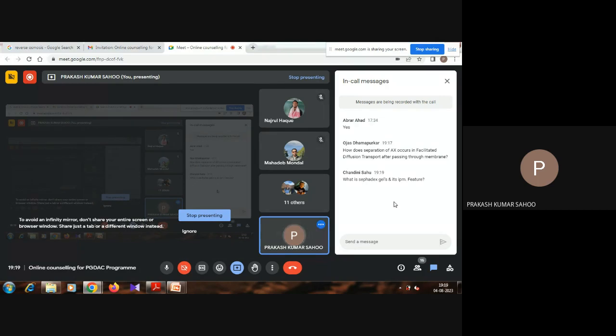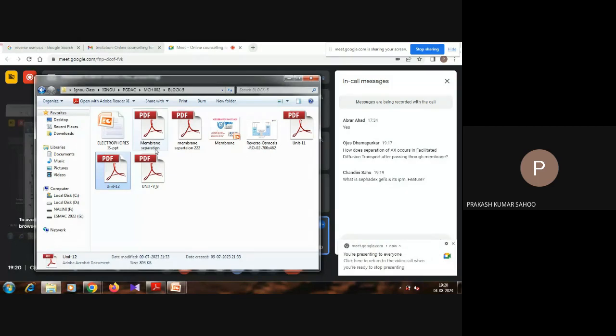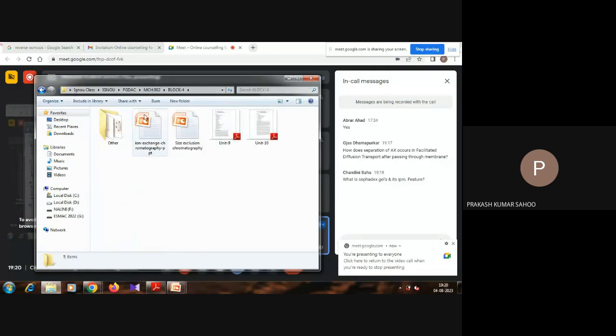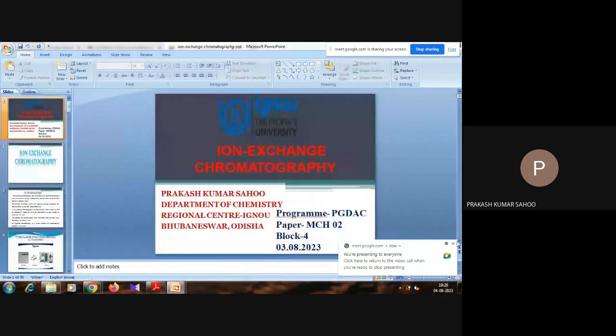What is Sephadex gel and its IPM feature? Okay, Sephadex gel. We discussed this yesterday actually. Just wait, I have to look for that. I think it is ion exchange.